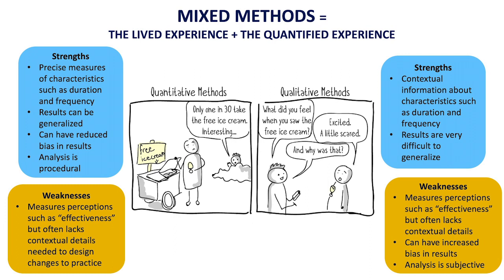So you are able to generalize with quantitative if you have a proper sample, but with qualitative, even if you have that proper sample, it's really difficult to generalize those findings because you're then trying to generalize the individual narrative lived experiences across people, which is possible, but that analysis is subjective. So it can increase bias in your results.